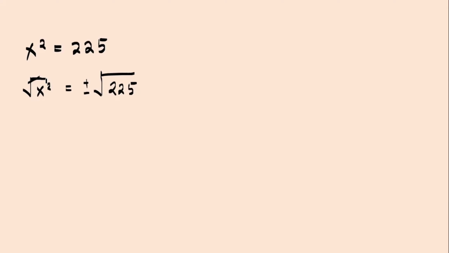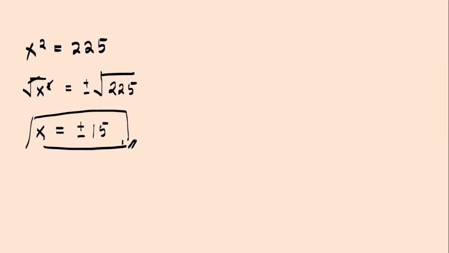So cancel si square root, cancel si exponent na 2. Okay, that is x is equal to positive, negative, the square root of 225, which is 15. So the value of our x is positive and negative 15. Positive, negative 15. Okay, next.